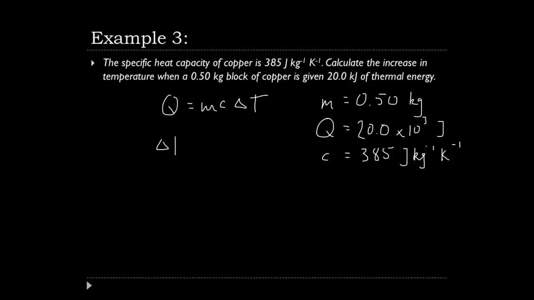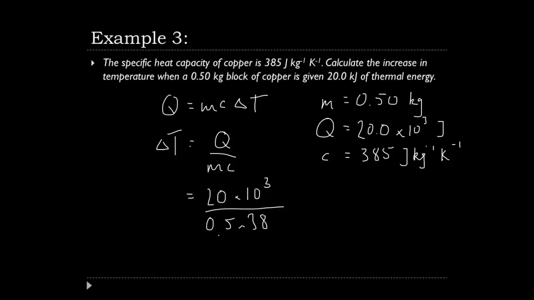We want to find out what the change in temperature is. We can just go delta T is equal to Q over mc, which is 20 times 10 to the 3 over 0.5 times 385, which is equal to 103.89.